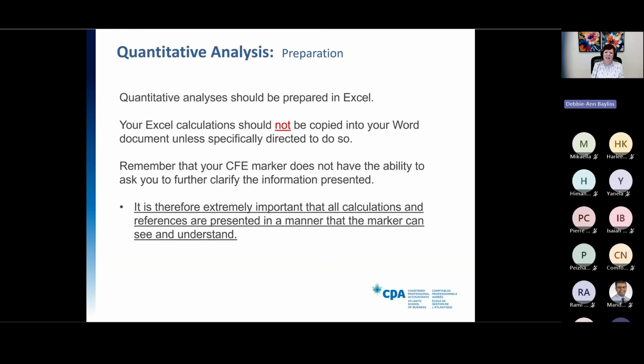Now I need to highlight some very important information. Remember that the CFE marker doesn't have the ability to ask you. They can't say, Debbie, can you explain how you arrived at this input number? Therefore, it's extremely important that you include relevant notes.